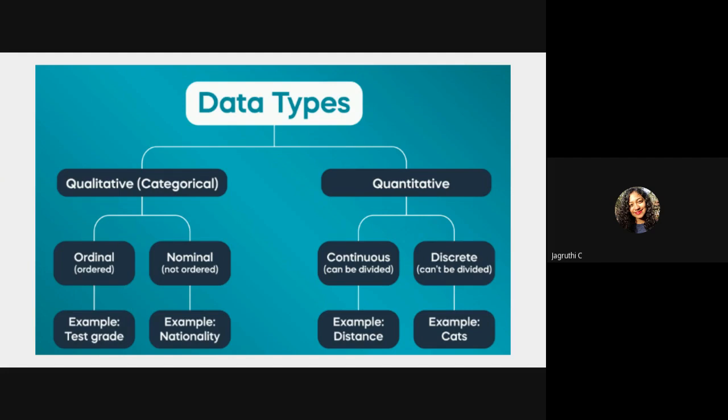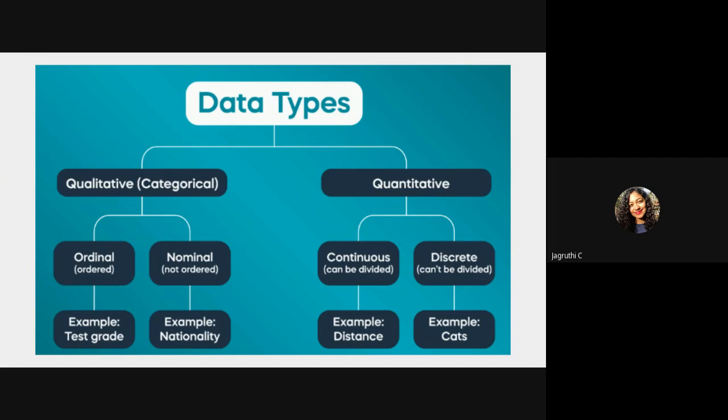L is less than XL, or L is greater than S, things like this. And you can usually perform frequencies, percentages or proportions, or just find the central point of the data. But you cannot perform addition, multiplication, subtraction, any of this on your ordinal data.